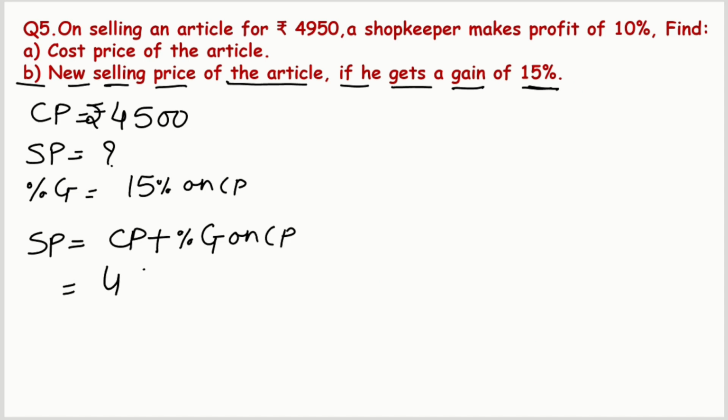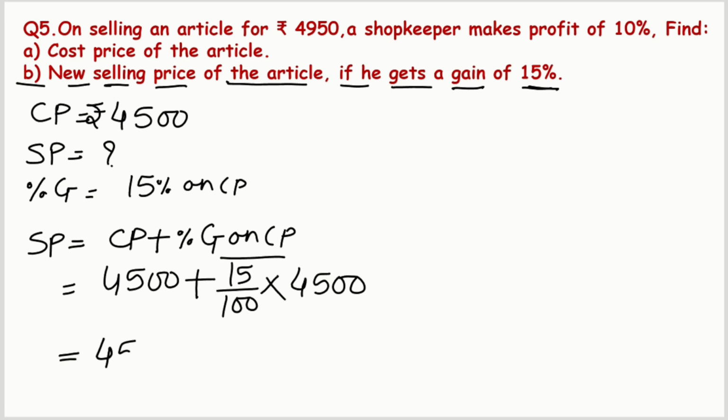CP is 4500 plus 15 over 100 times 4500. Now 4500 we will take common, and here we will get 1 plus 15 over 100.